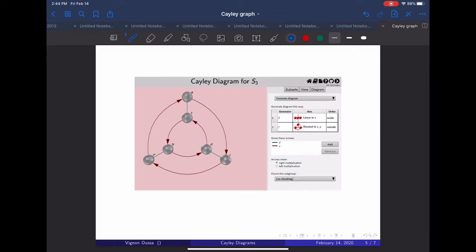Let me identify them. We have E, we have F, we have RF, FR. They're distinct because they don't commute. We have R, and then we have R squared.